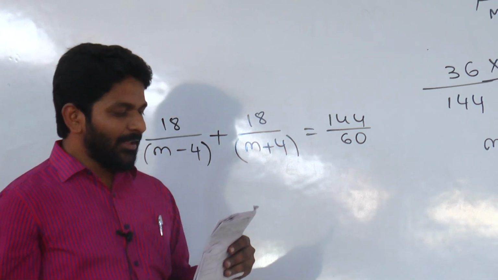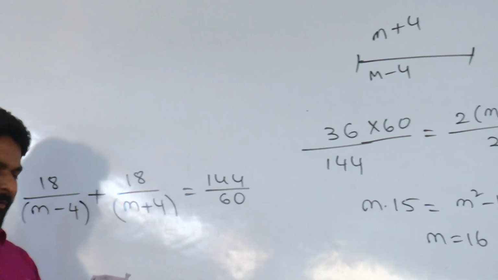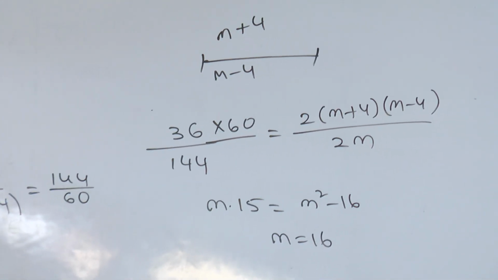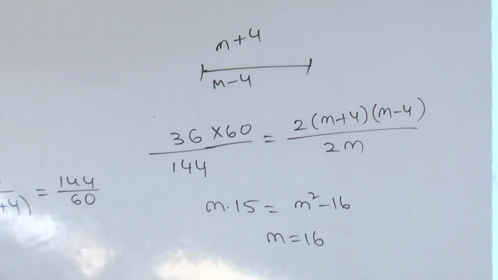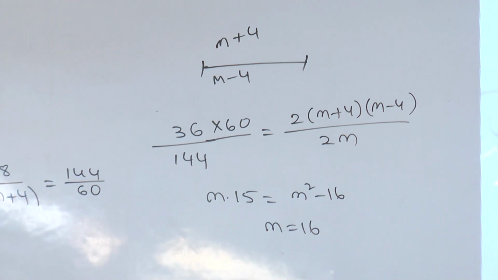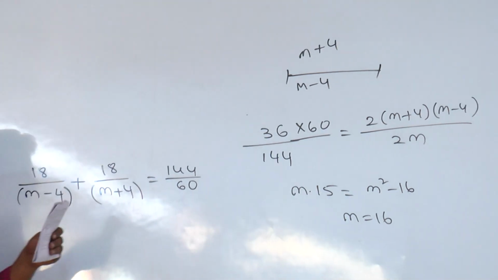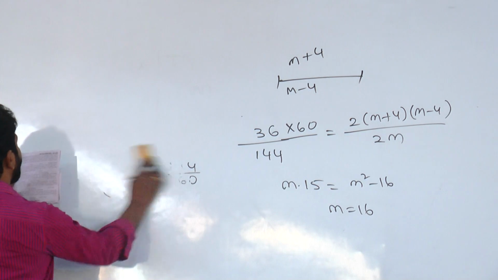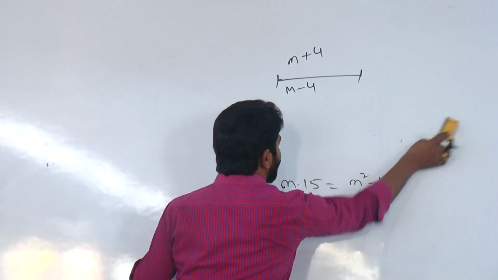Next, a student appeared in a test and performed such that the ratio of correct, incorrect and unattempted questions was in the ratio 3, 4, 5. So 3 parts, 4 parts, 5 parts.